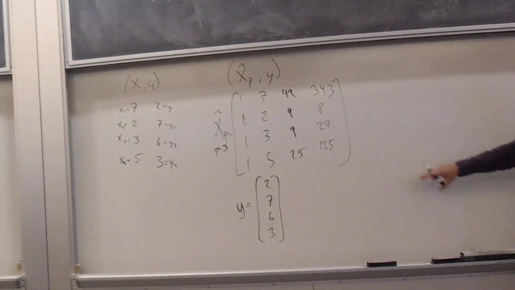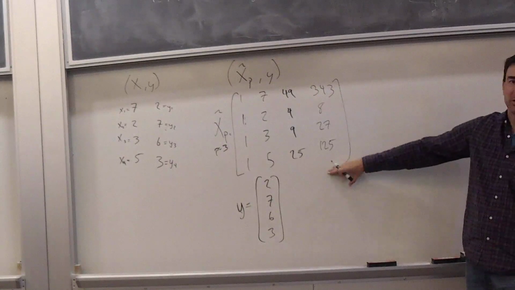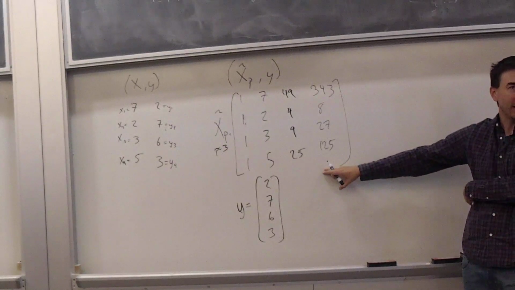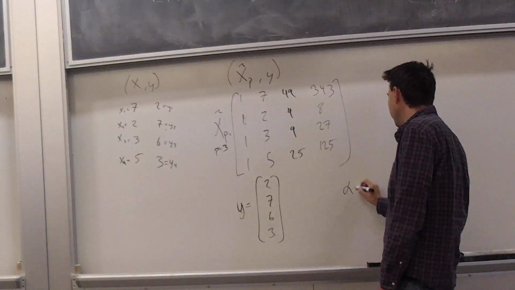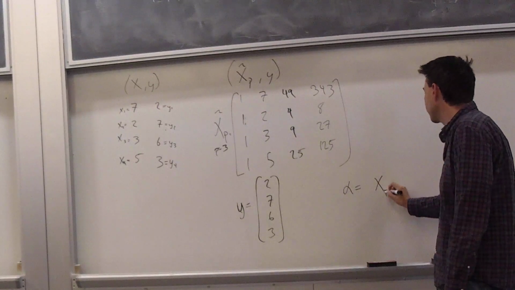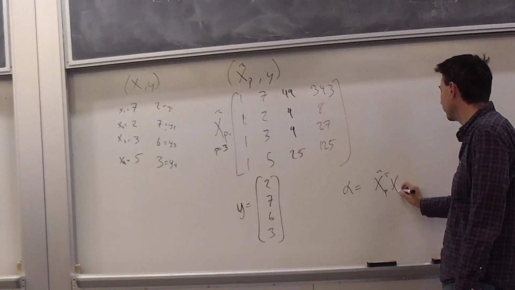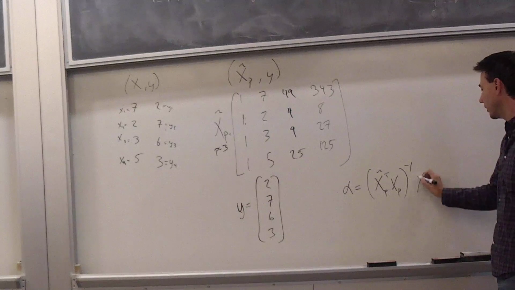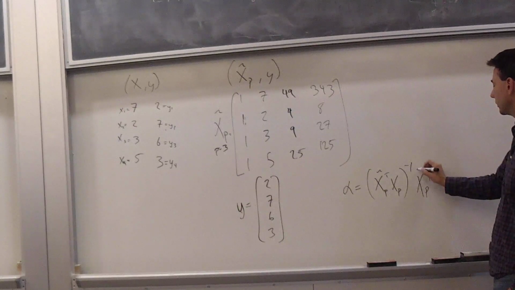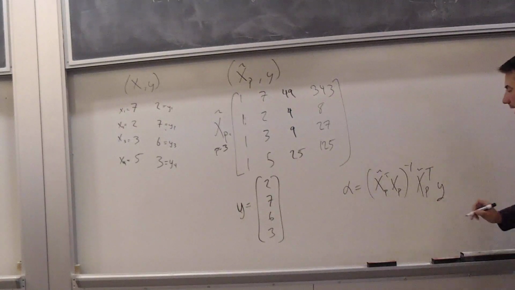Once I expand this out, now I pretend that this is just my input data, and then I can solve for alpha as x tilde p transpose x tilde p, all inverse, times x tilde p transpose y.